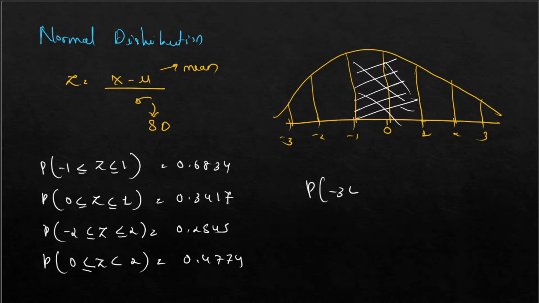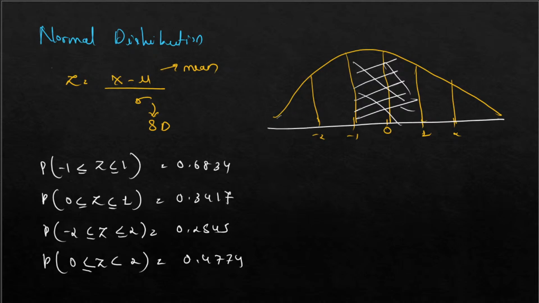Probability of -3 smaller than z smaller than 3, so this is 0.9973. Okay, so till here there is no need, you all just can remember till here. Okay. After this we will see linear algebra.